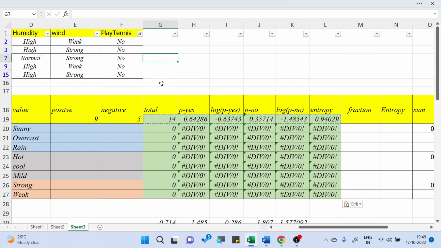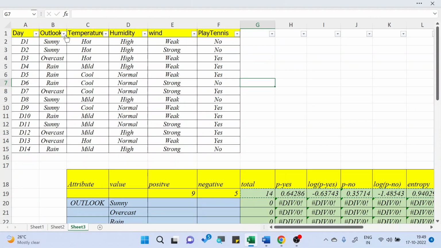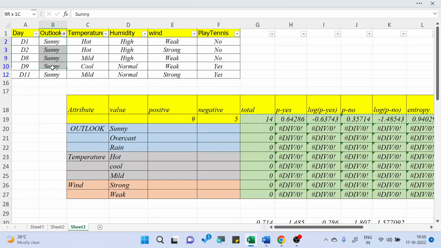So let me clear the filter from this. Now in the outlook, sunny. How many examples are there? Totally 1, 2, 3, 4, 5 examples are there. Out of 5, 2 are positive, 3 are negative.